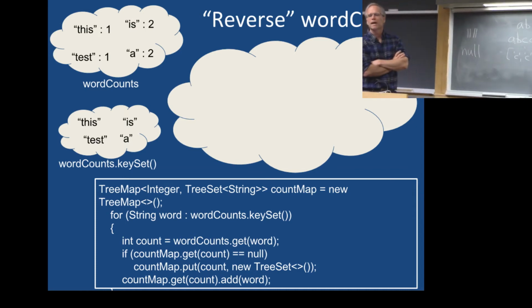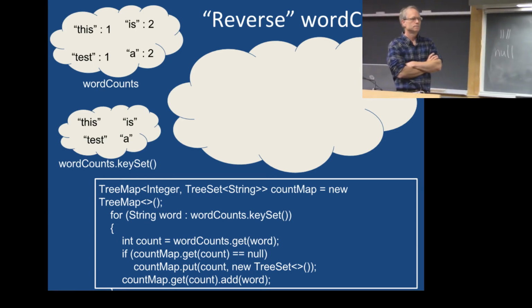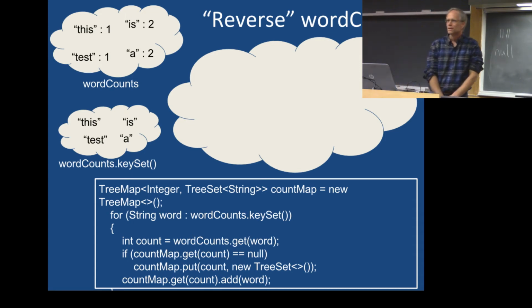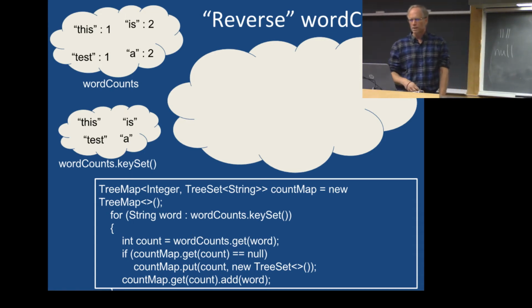What will that set contain? You don't have to think too hard to answer it because it's up there. There it is, that second little cloud. What does it contain? The 4 keys, the 4 words that are keys in the original. You can see up there the keys are this, test, is, and, and the key set is this, test, is, and.